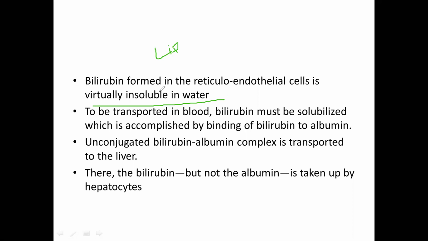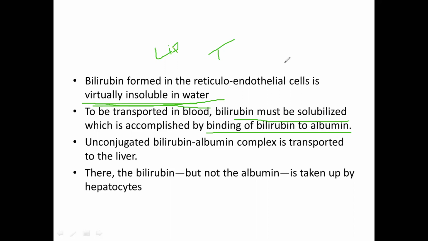So this bilirubin has to be transported to the liver, right? So how will it get transported, when it is not soluble in water? To complete this process, to transport this bilirubin to the liver, this bilirubin should be solubilized, and it is accomplished by binding of bilirubin to albumin.